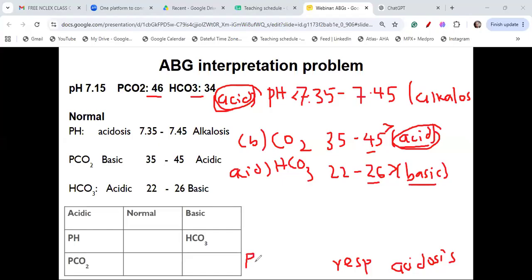So this is partially compensated respiratory acidosis. From the feedback, I can see great answers, and that makes me happy because I can see that you're getting it.